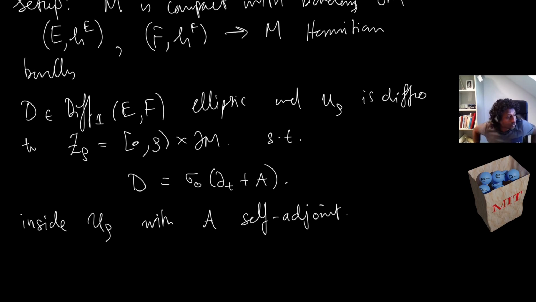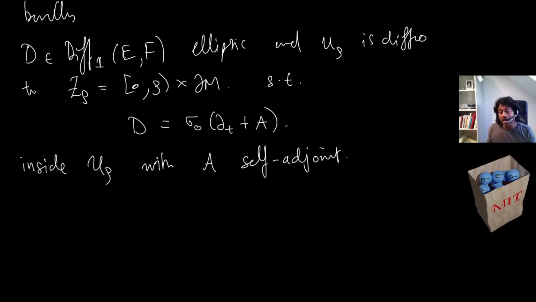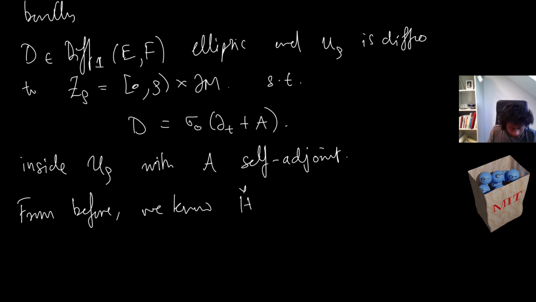Okay, so that's the situation that we want to look at. Of course now we could always just consider the model problem as we've already done. So from before, we know that the check space of this D is equal to the check space of the operator D naught, right? So just this model operator.